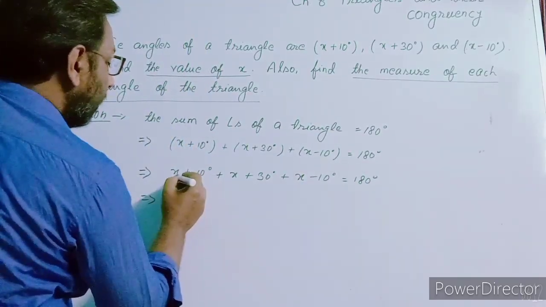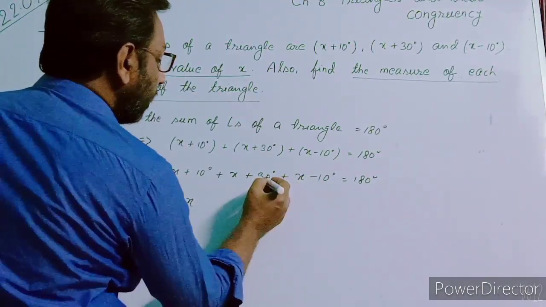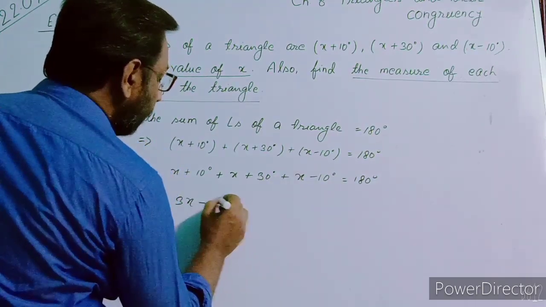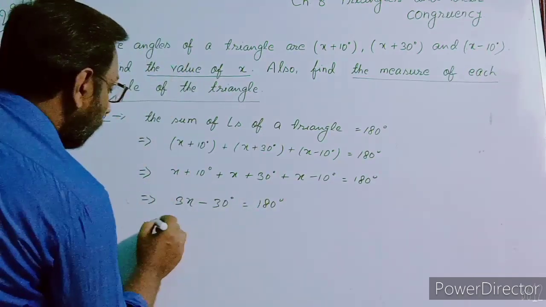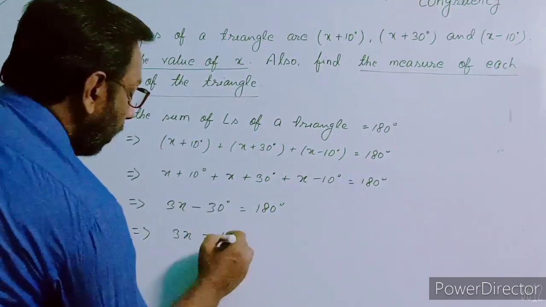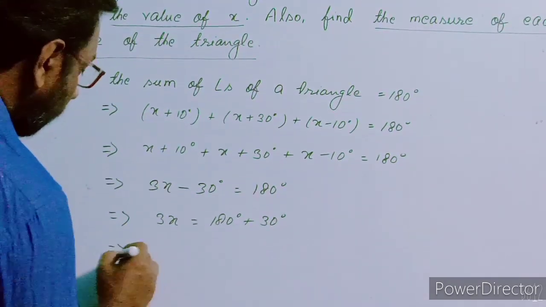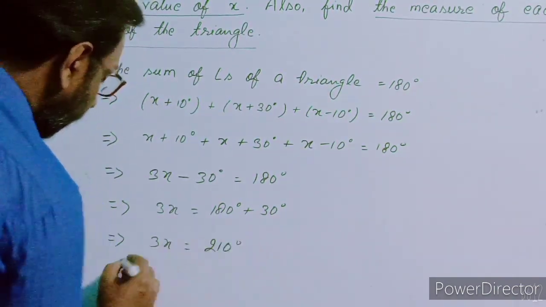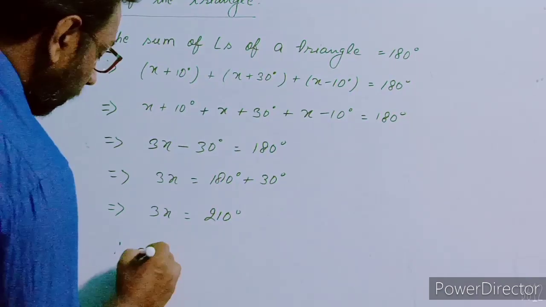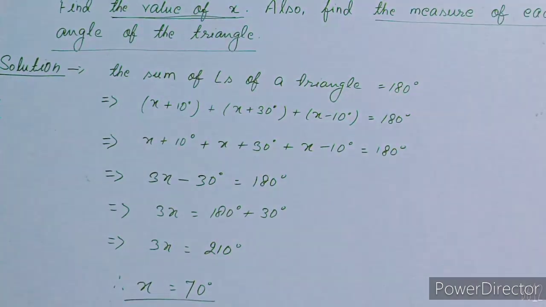Implies that x plus x plus x, 3x, 10 plus 30, 40 minus 10, 30 degree equal to 180 degree. 3x equal to 180 degree minus 30 degree, 3x equal to 210 degree. Therefore, x equal to 70 degree. This is the value of x that is asked in the question.